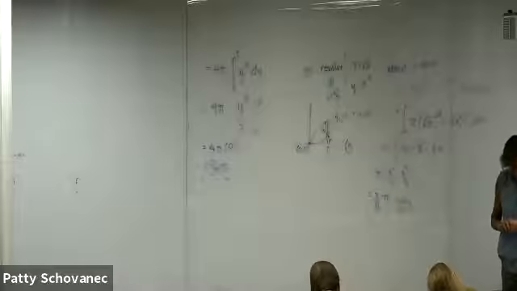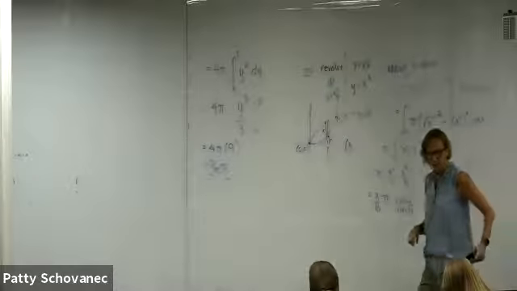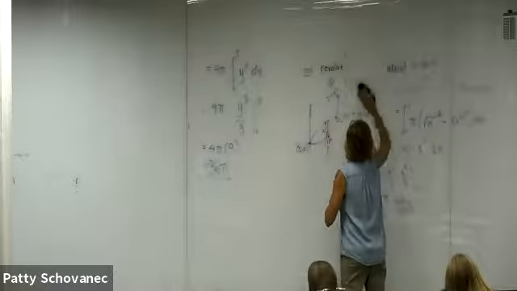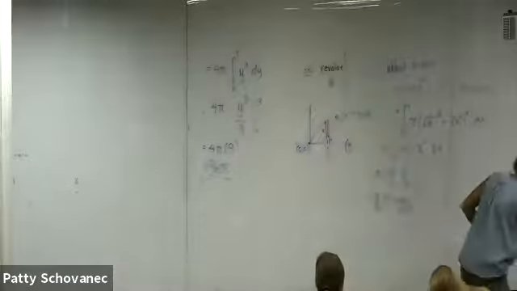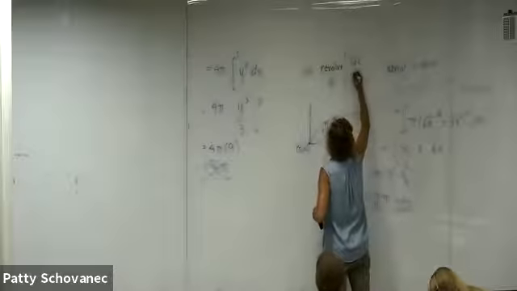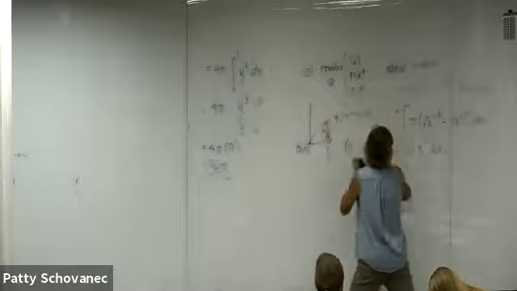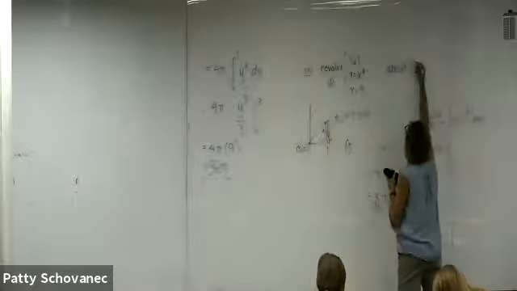So draw me in the first quadrant y is x squared and y is equal to 4, and it bounds off an area if you include the y-axis.